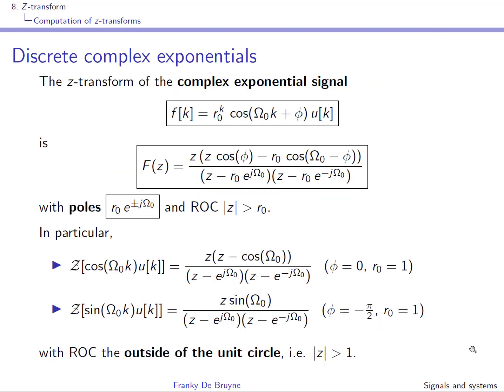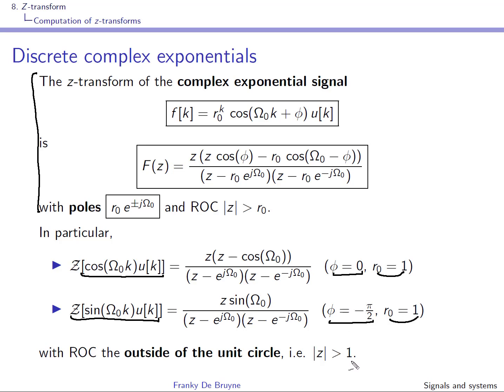In conclusion, this is what you obtain, and of course it allows you to obtain the z transform of a cosine and a sine. Obviously you will have to consider r0 is 1 in both cases. The cosine will correspond to phi equal to 0, obvious from here, and the sine will correspond to phi equal to minus pi over 2.